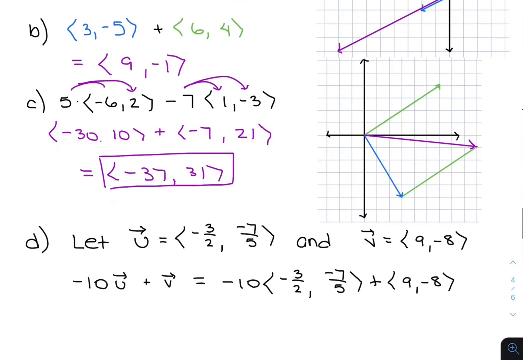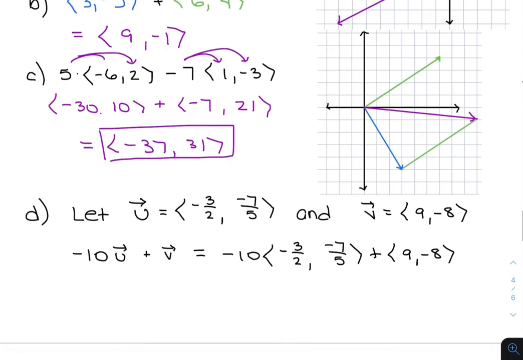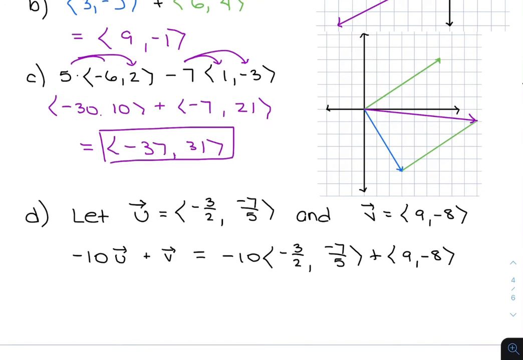And we can do something similar if we were talking about letting u be the vector of -3/2, comma, -7/5. So if we let our u be this vector and our v be this one, we can represent the vector u by just stating the vector u and v of this form.